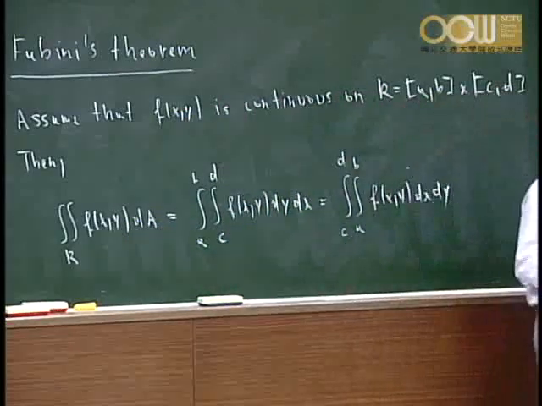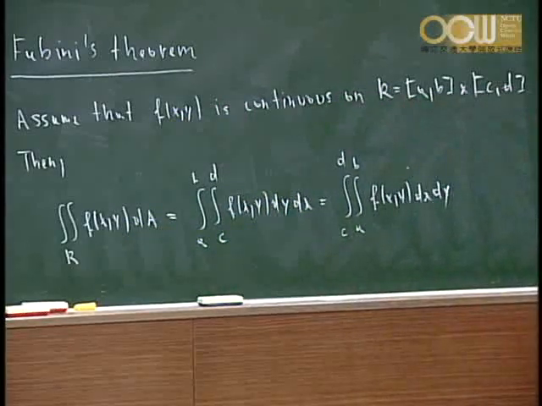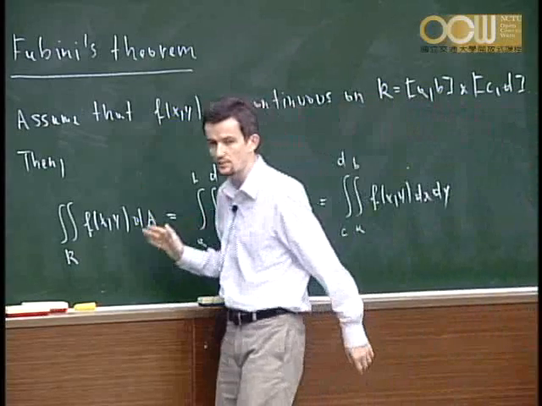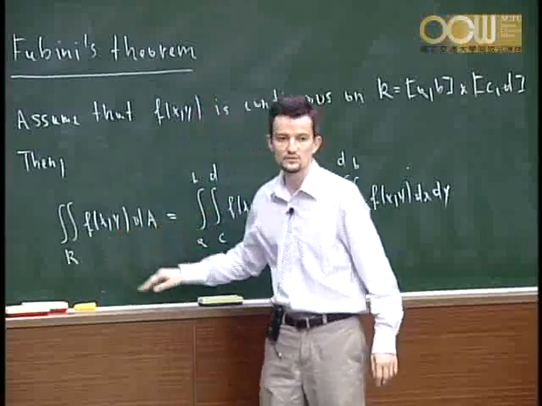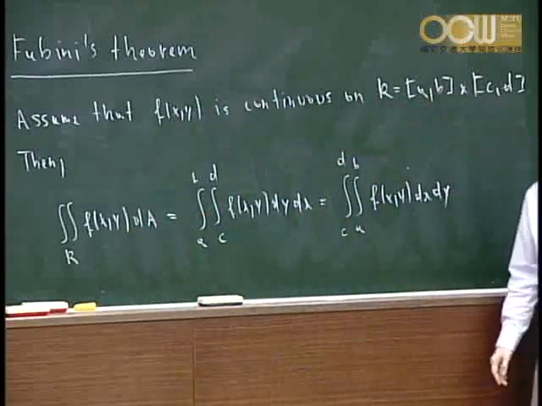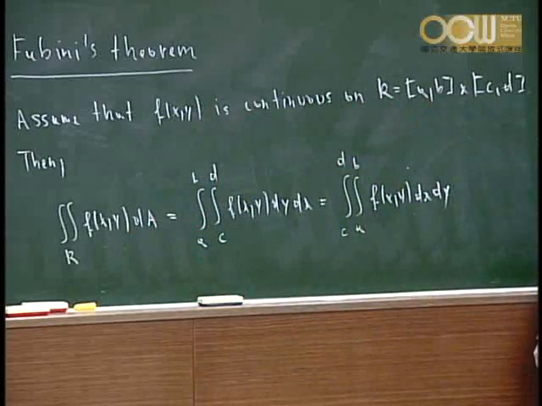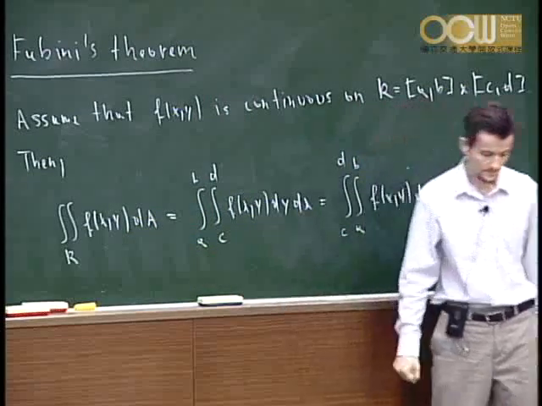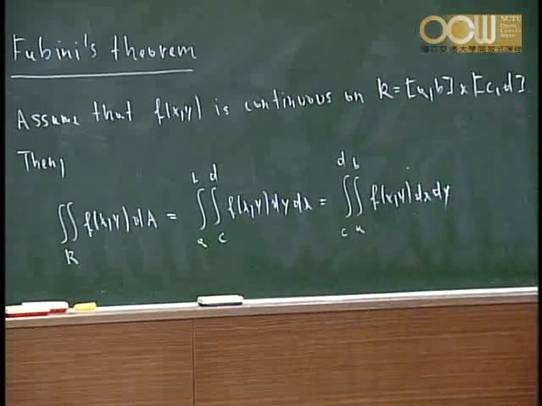And this you can do in the same way as last semester. So Fubini's theorem tells you that we can reduce the problem of computing the double integral to the results we have already obtained last semester, to the problem of computing an integral of a function of one variable.